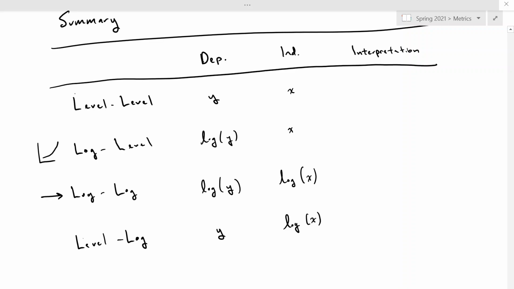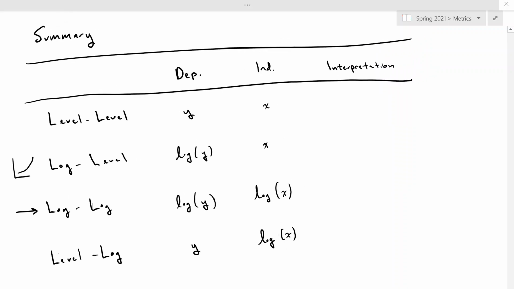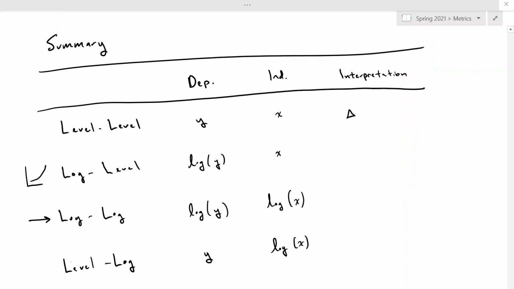And so the interpretation, just to summarize some more: the change in y is equal to beta 1 times the change in x for level. For log level, we have a percentage change in y, and we're going to add 100 there to make it into a percentage, beta 1 times the change in x.